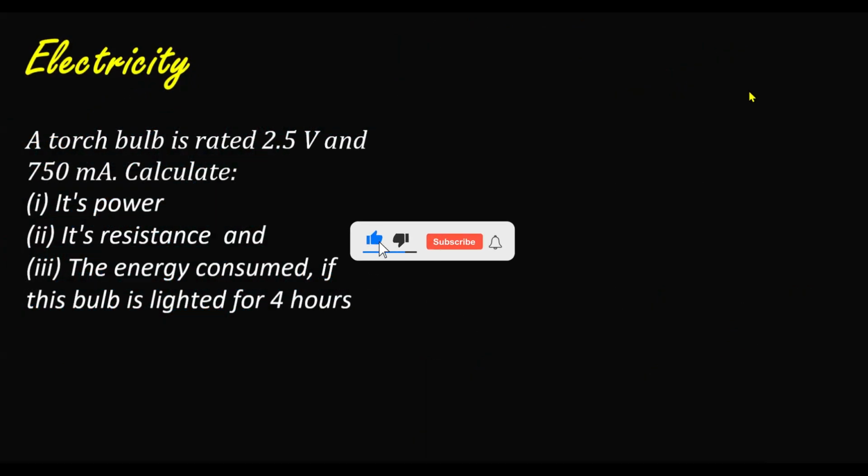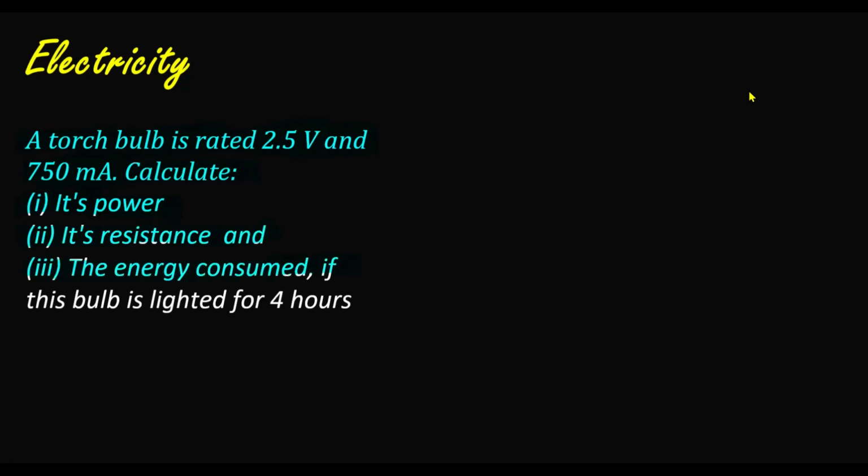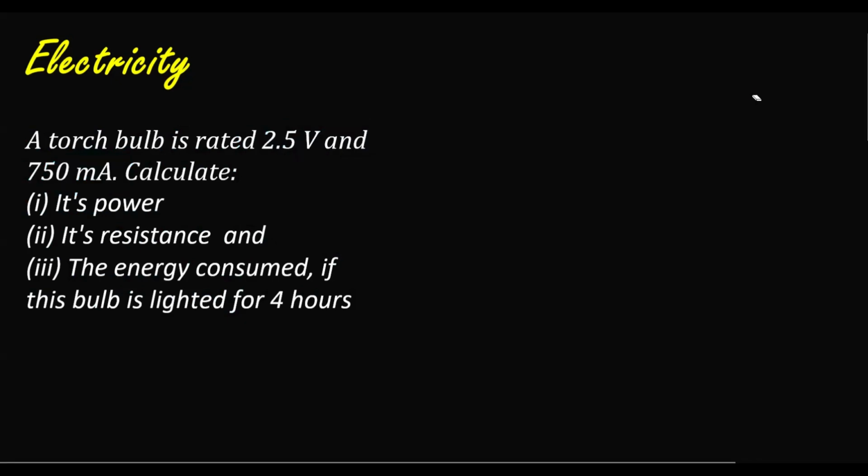In the next question, it says a torch bulb is rated 2.5 volt and 750 milliampere. And what we have to calculate is power, the resistance, and the energy consumed by the bulb in 4 hours. These are the three parts of this question. So first I'll write down the information we have.